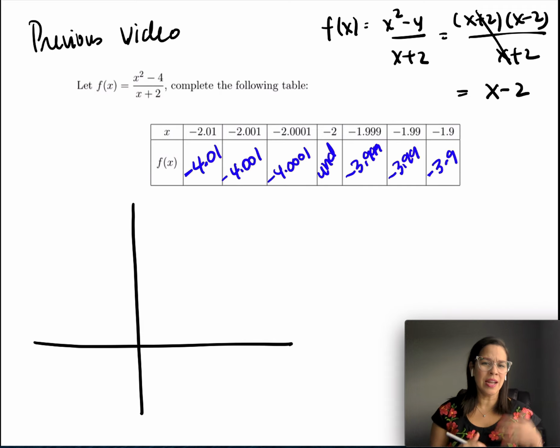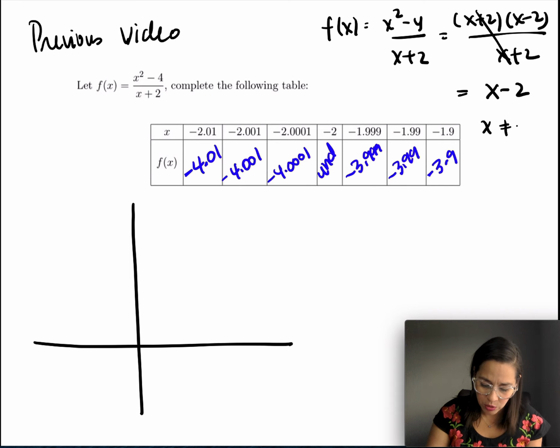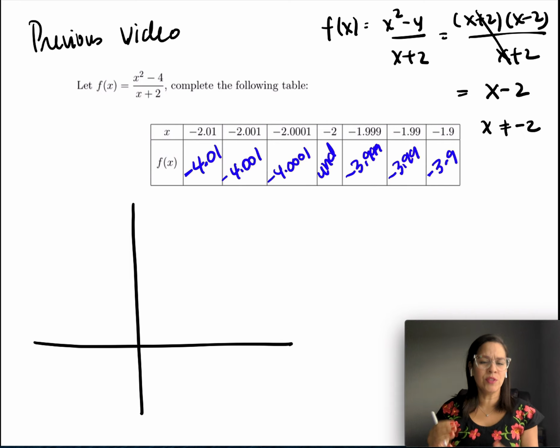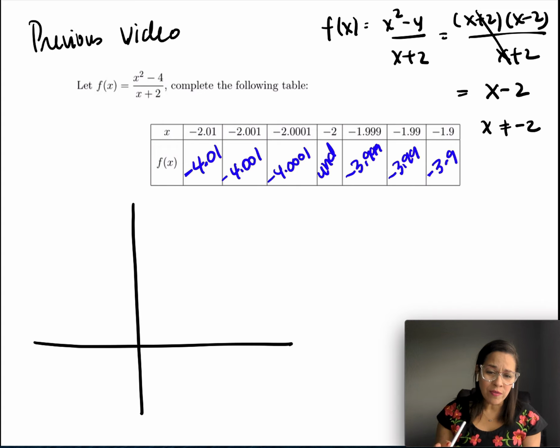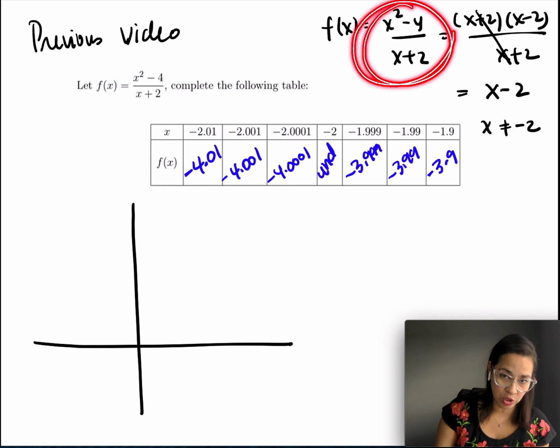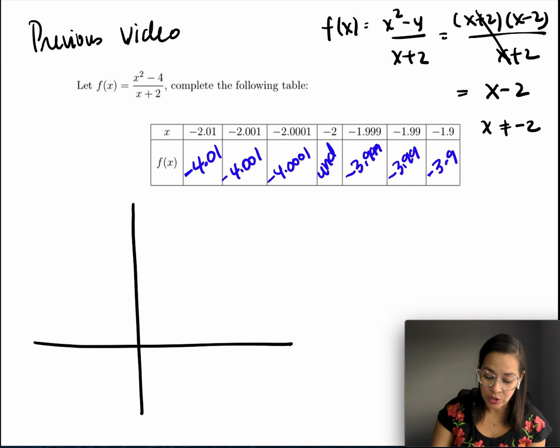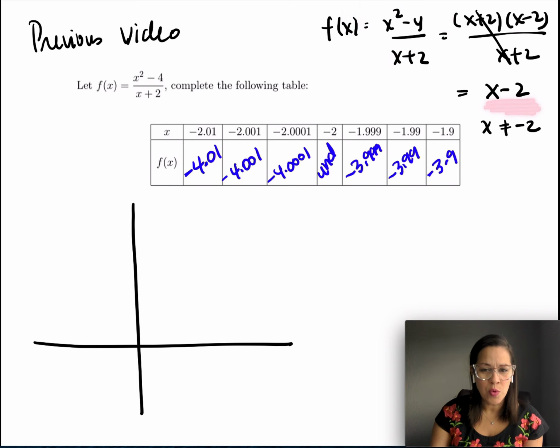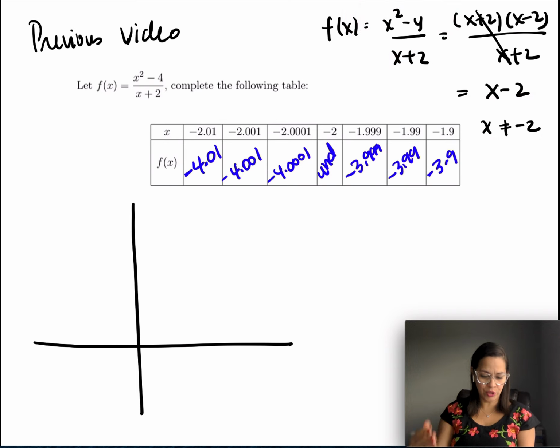Then we can say that x squared minus 4 over x plus 2 is exactly equal to x minus 2 for x not equal to negative 2, right? Because negative 2 is not in the domain of the function. Therefore, the graph of this function is just the graph of x minus 2 with a hole at x equals negative 2.